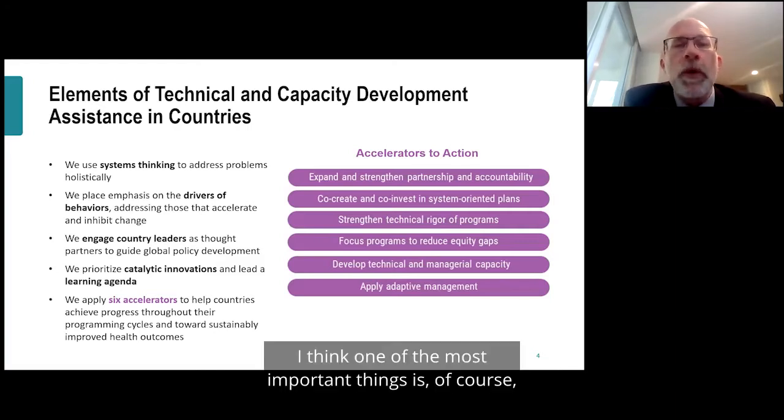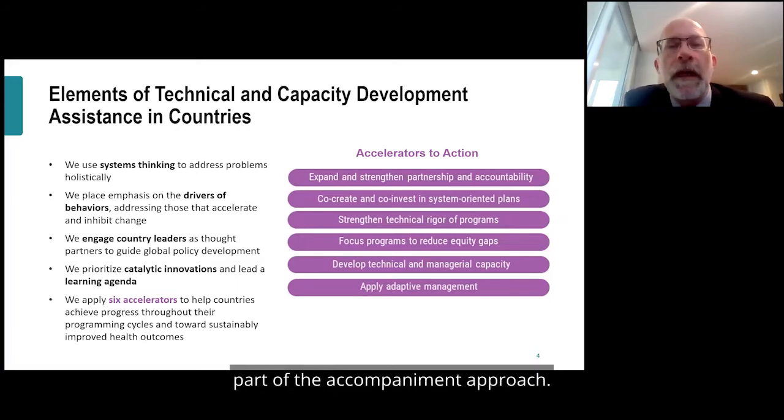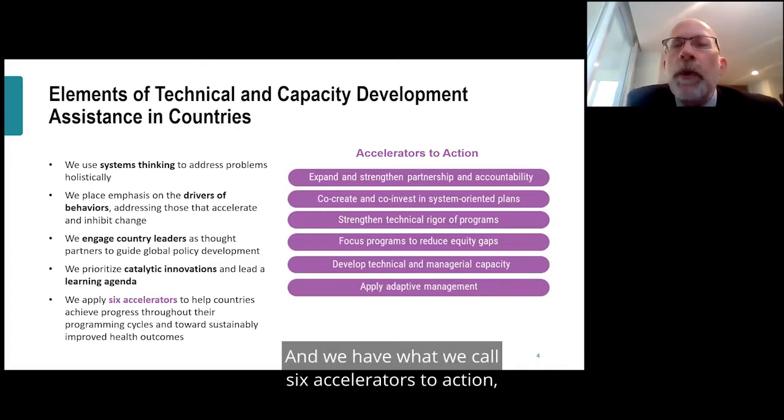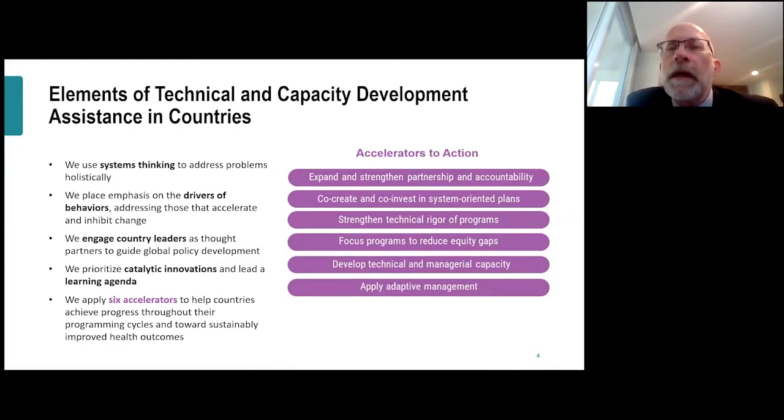I think one of the most important things, of course, is that we engage country leaders as thought partners, part of the accompaniment approach. We're emphasizing catalytic innovations and a learning agenda, and we have what we call 6 accelerators to action, which are on the right.